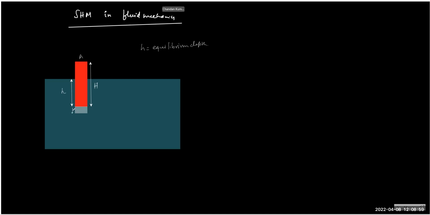So if you dip it further by x, the excess buoyancy will be the restoring force. So the restoring force is equal to the extra buoyancy, and this is pretty easy.